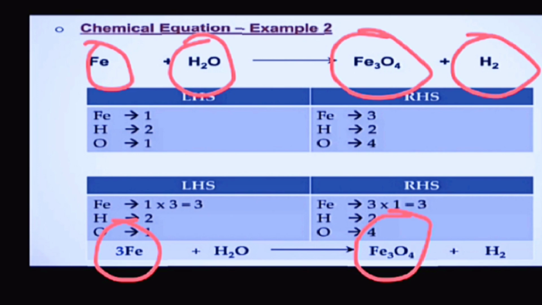Hydrogen number is the same. Oxygen number, if we see, is 4 on the right hand side, right? So in order to balance that, we have to put some number here, right?